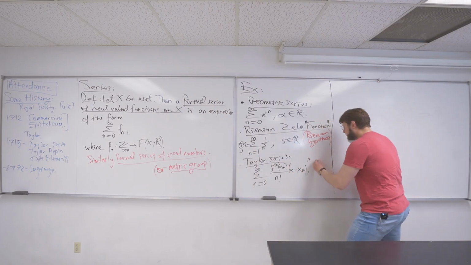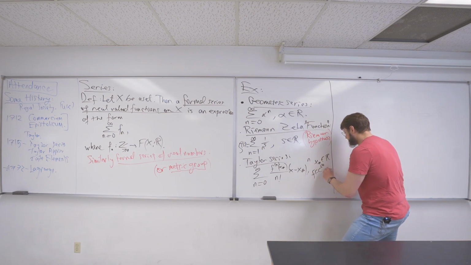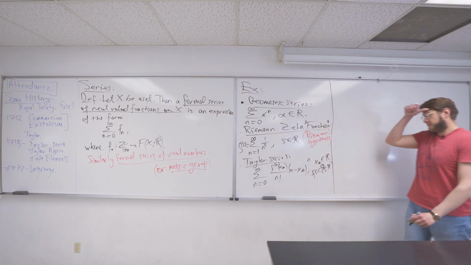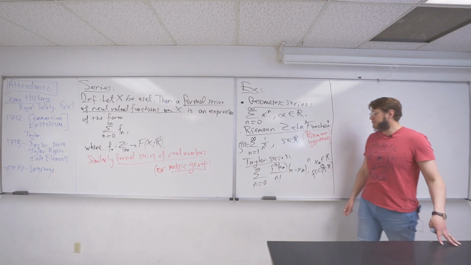Here, x star is arbitrary, say real, and f is an arbitrary infinitely differentiable function. Okay, these are the three main examples we should look into.